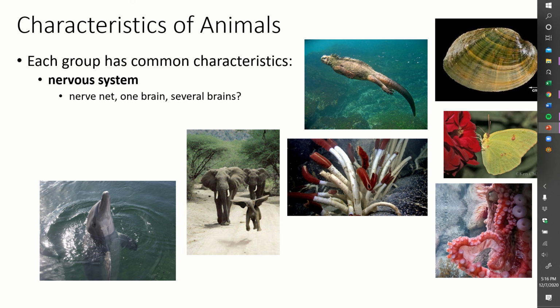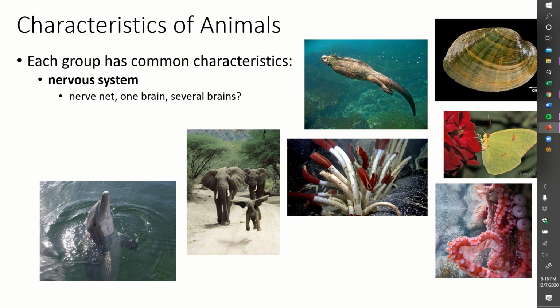We're going to be talking about each of these characteristics. And then we're going to talk about what characteristic separates each phylum of animals from the others. And that's going to be the most important thing. I want you to think about, why is it that taxonomists put these organisms together and not with others?